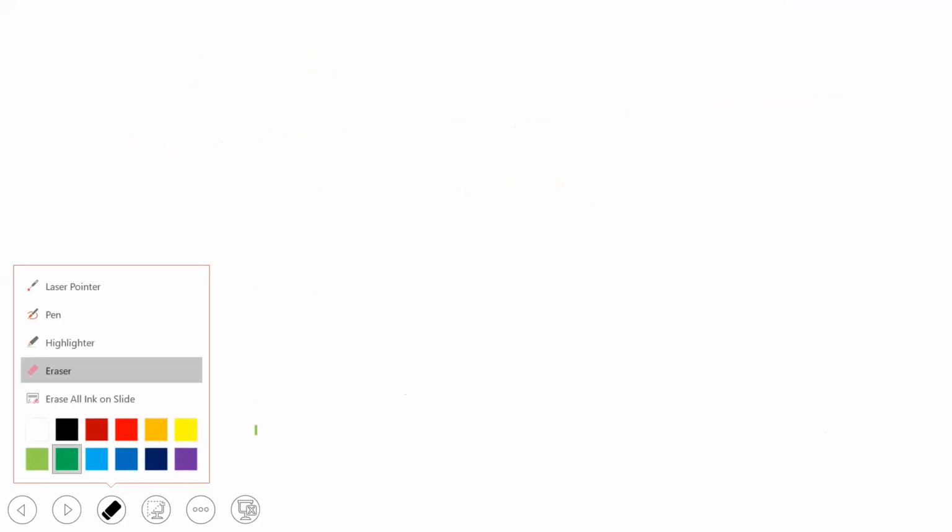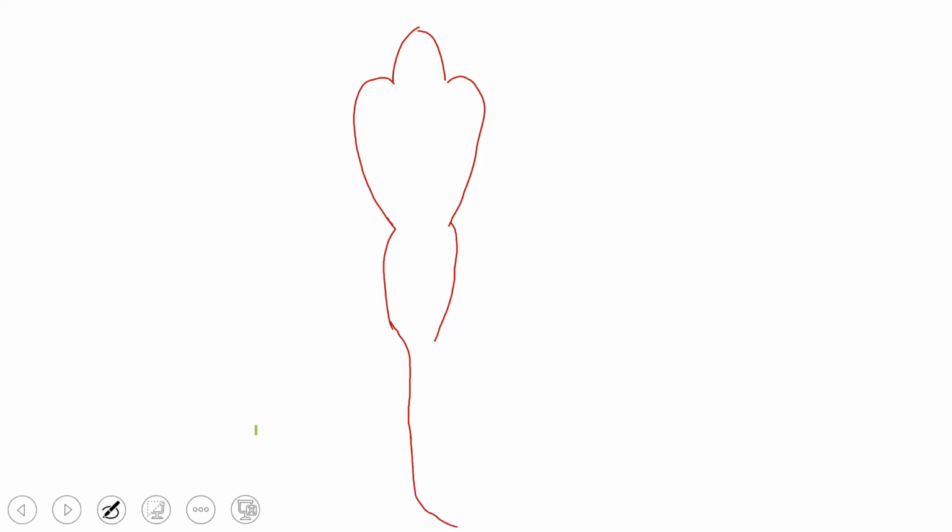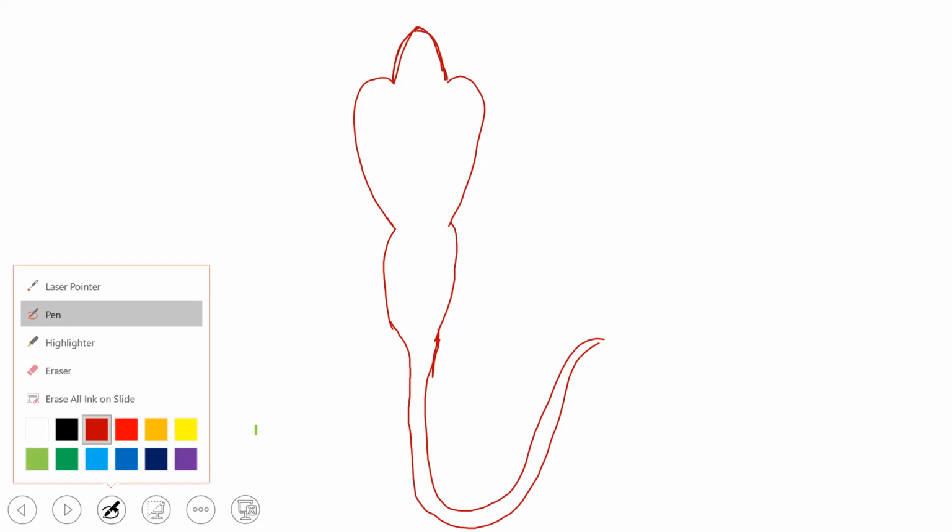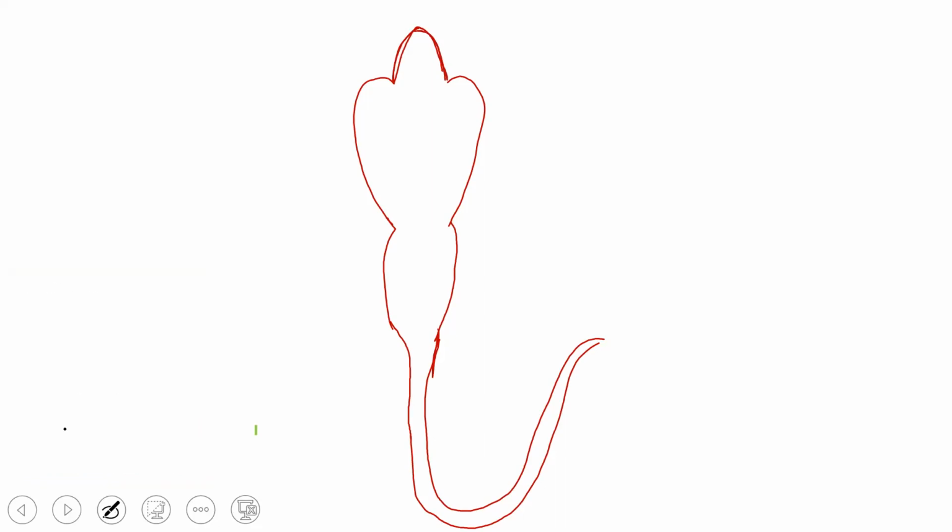In the exam you have to draw, so you should know how it is. You can do it this way. It will not be as good as pen and paper, but let me try.